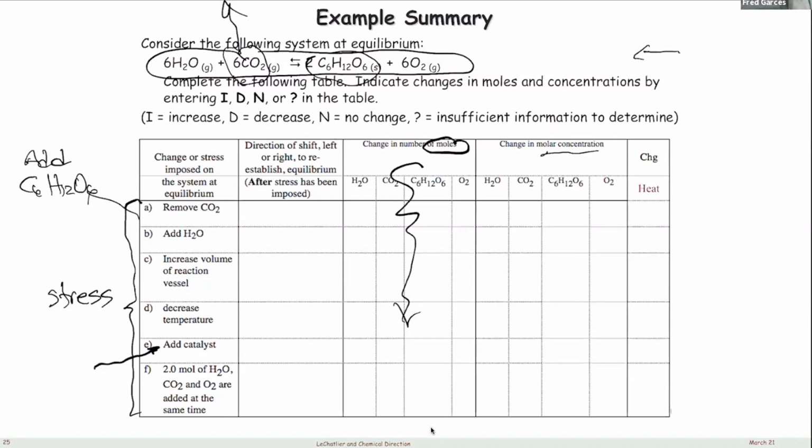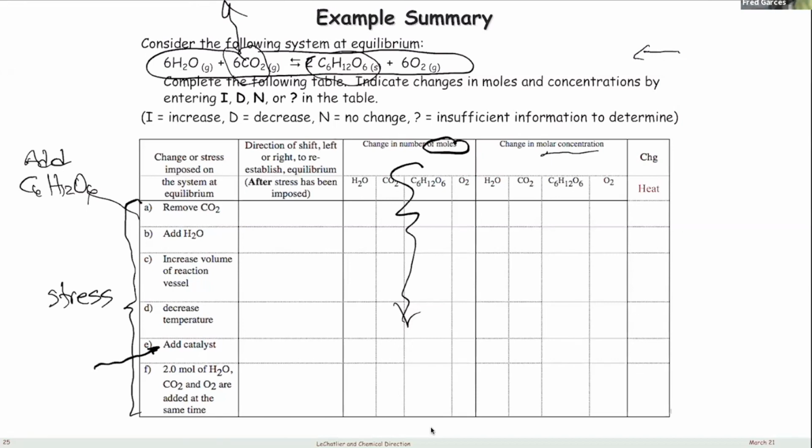And when you answer what happens to the moles of glucose, you need to remember, yes, you add glucose, but you want to look at a snapshot after that change has occurred. After that change has occurred, does the amount of glucose go up or go down? It stays the same. So that doesn't change either. Okay.